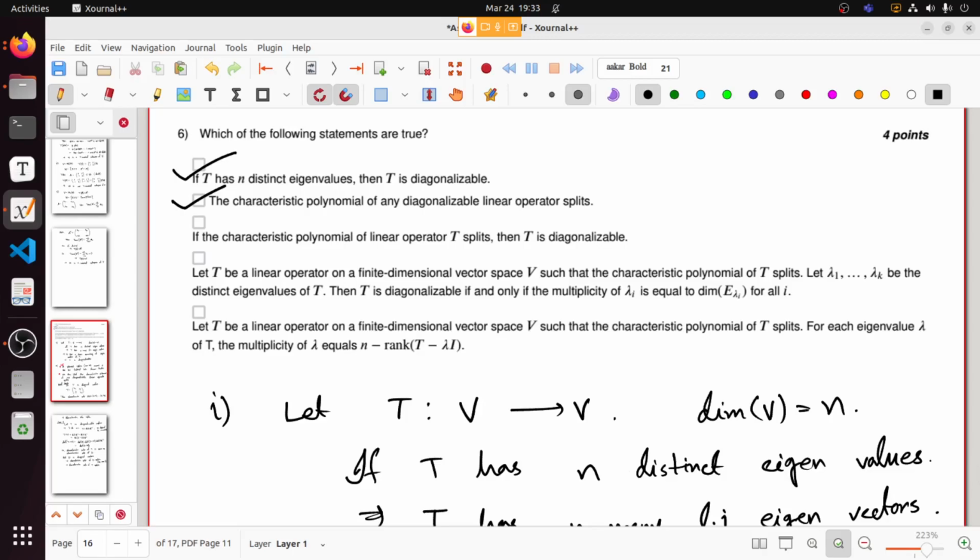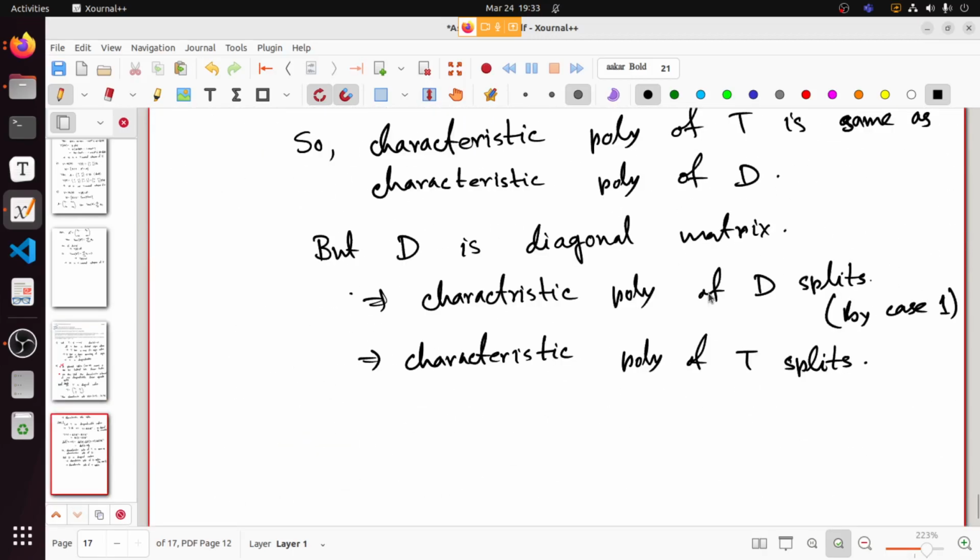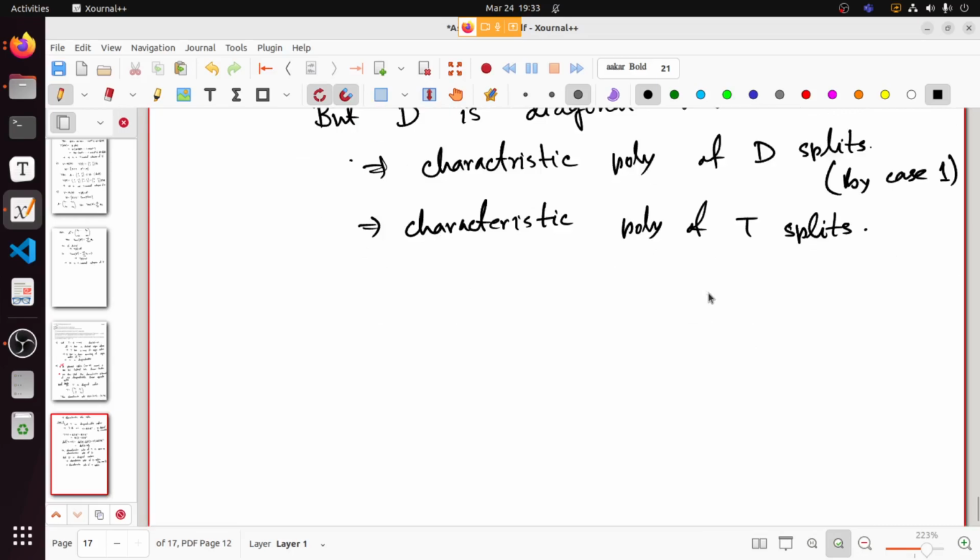Now what is option number 3? If the characteristic polynomial of a linear operator splits, then T is diagonalizable. So this is the converse of the above statement. It is saying that if the characteristic polynomial of a linear operator splits, then is T diagonalizable or not? We'll show that the converse of the above statement is not true, meaning option number 3 is not true. It might happen that the characteristic polynomial splits, but T is not diagonalizable.